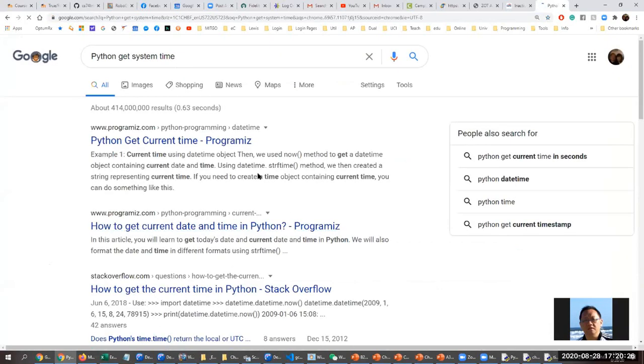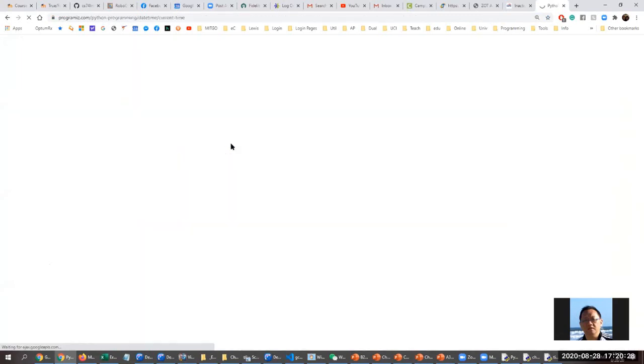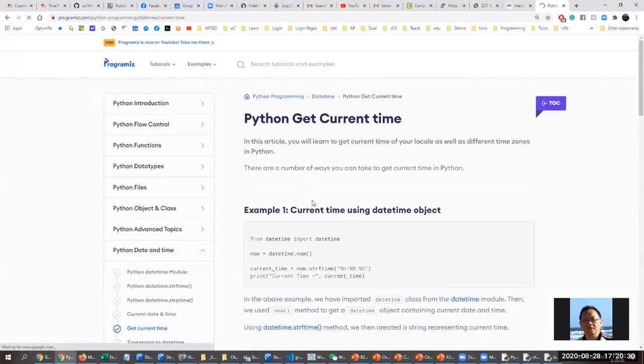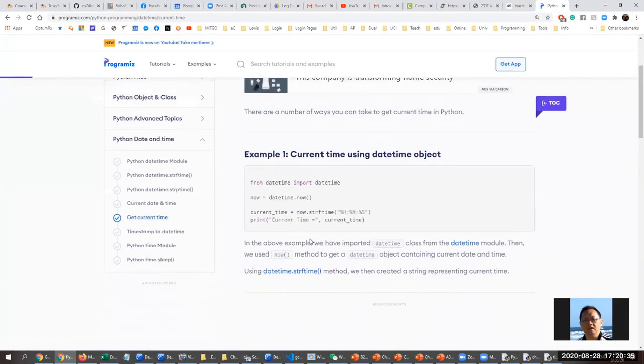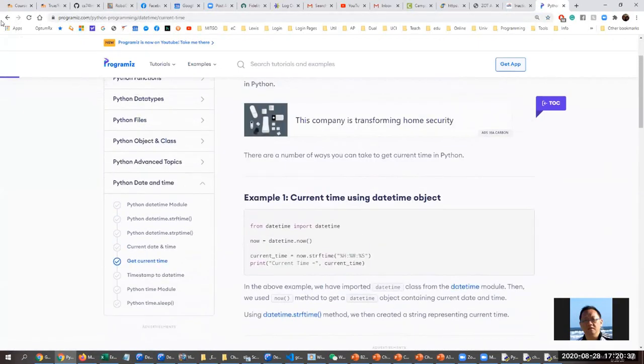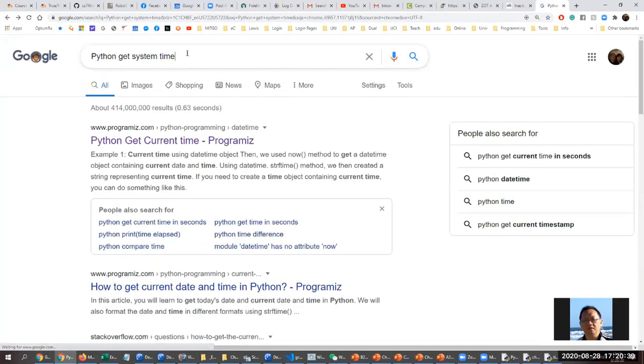It should be some sort of get current time. So to get the current time I need to use, I don't want this one. Okay. System timestamp.